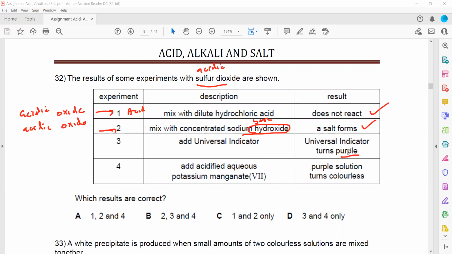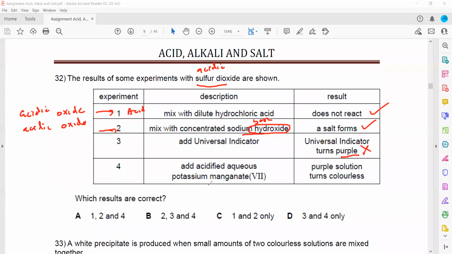Universal indicator shows a different color in different medium: in alkali it should be purple, but in acid it should be red or yellow or orange. So this is not the right result, because when an acidic oxide dissolves in water, it will make the solution acidic and the universal indicator won't be purple. Purple color means it is basic.